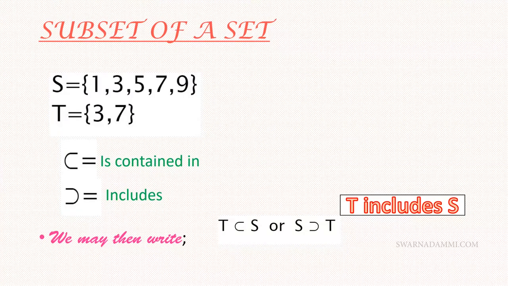Remember that you can get any pair, triple or quadruple of these elements. For example, you can get any pair such as 1, 5 or 7, 9 or 3, 5. Any triple such as 1, 3, 9 or 3, 5, 7.